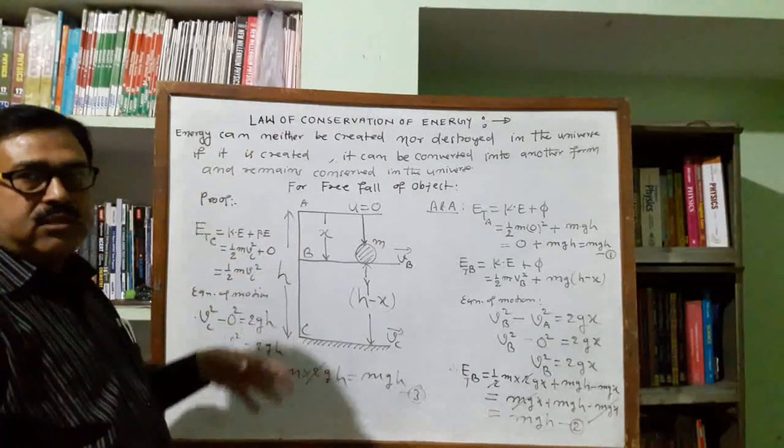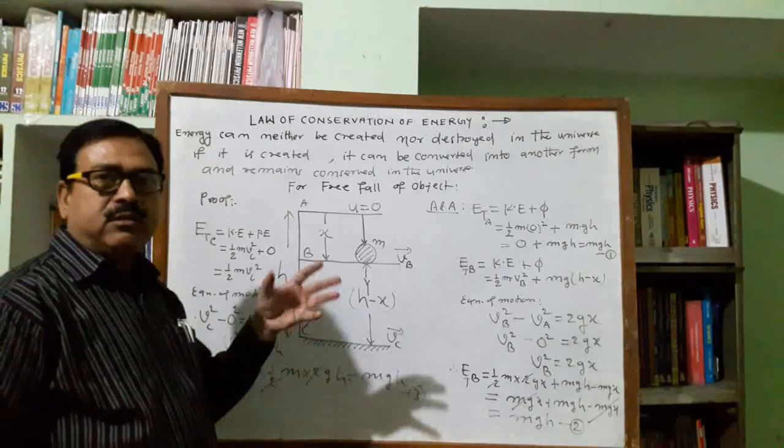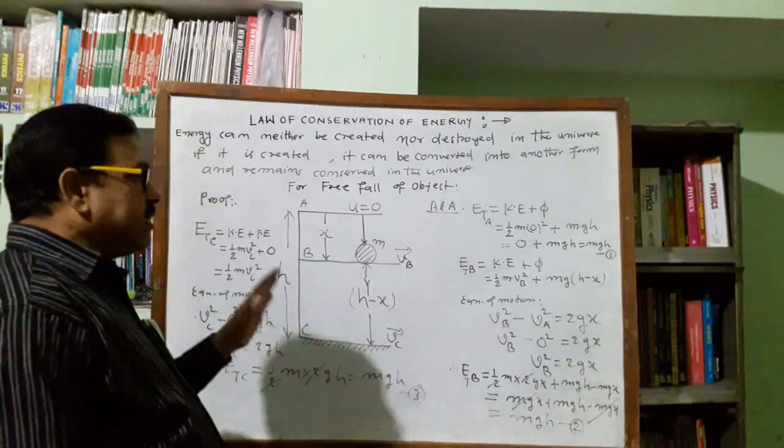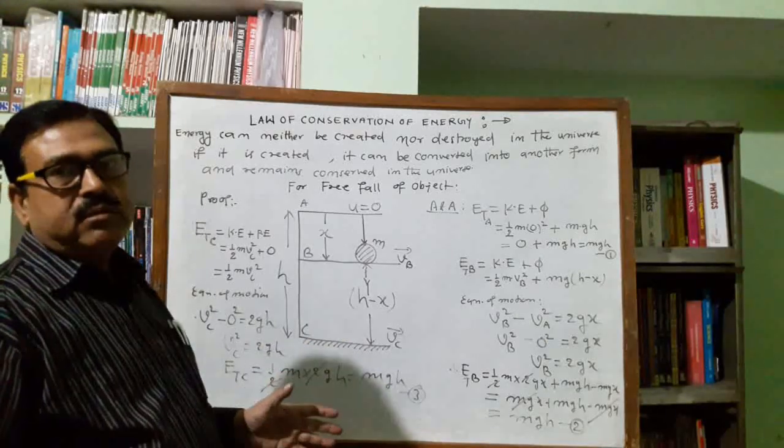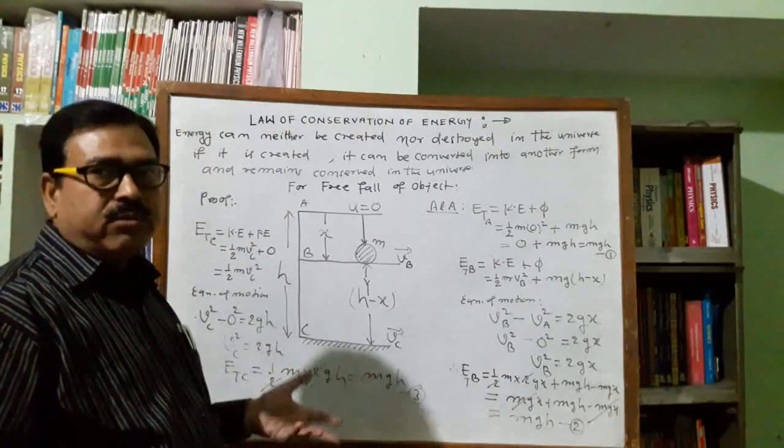So there is conversion of potential energy into kinetic energy, and at every point during the free fall, the total energy remains the same, mgh. So this proves the formula.